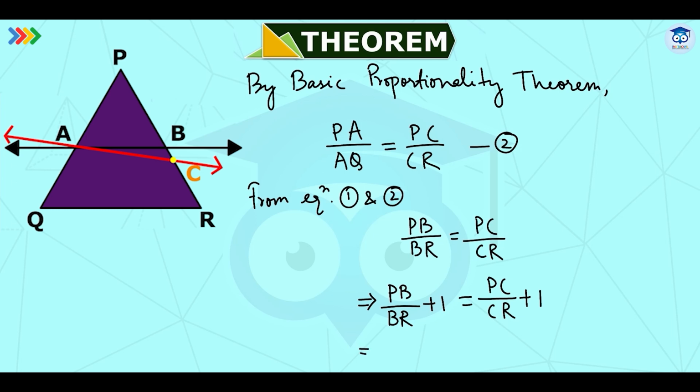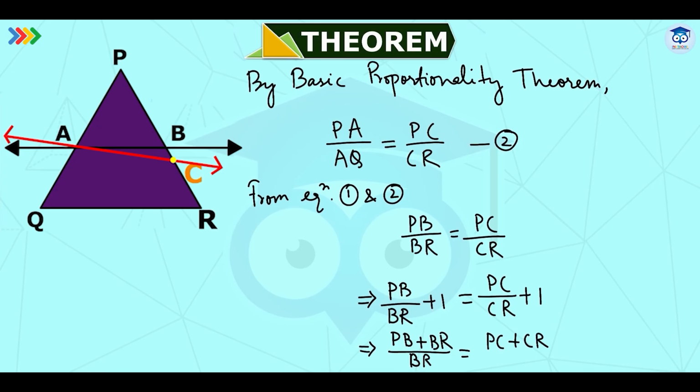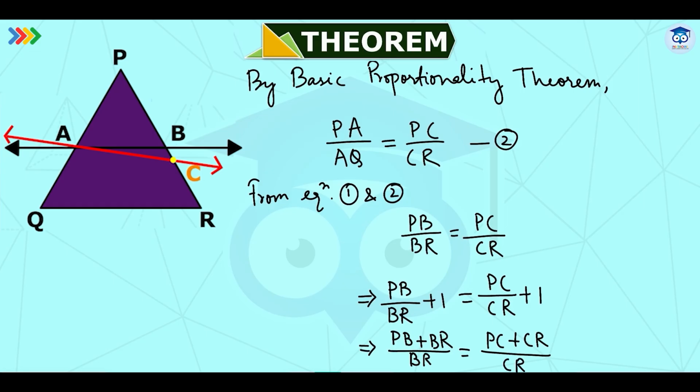So after we do the LCM, it will be PB plus BR in the numerator and BR in the denominator. Similarly, here we have PC plus CR upon CR. PB plus BR is nothing but PR, and PC plus CR is also PR.